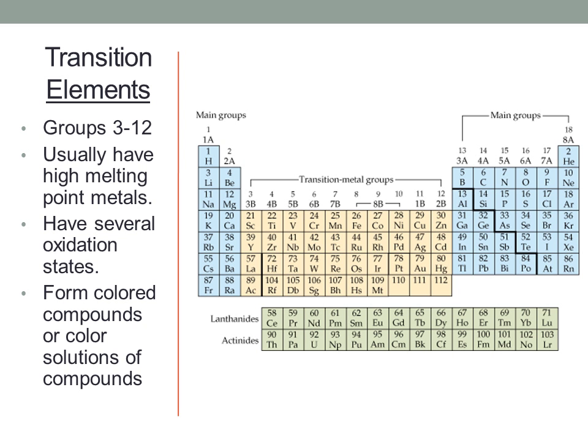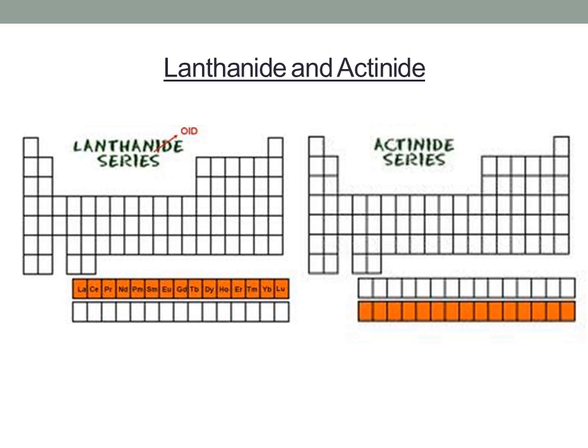Chemists have also named sections of the periodic table. Between group 2 and 13, for example, is where the transition elements fit in. In addition, there are 2 rows of elements usually shown at the bottom of the periodic table. These elements are called the lanthanides and actinides.